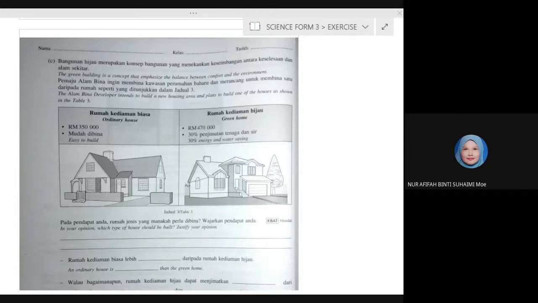Nak inform saya apa-apa? Ada any news ke? Ada masalah ke? Macam berapa orang? 30. Tadi 31. 30 ya.